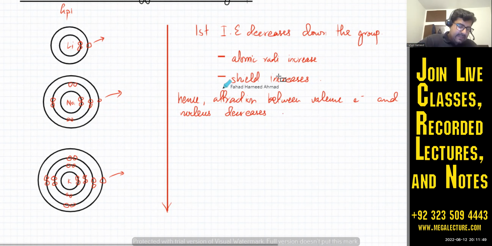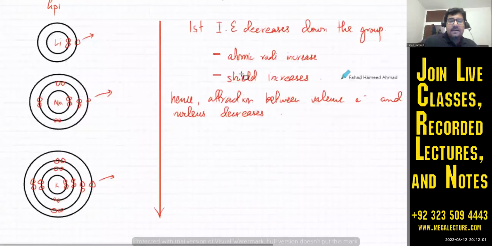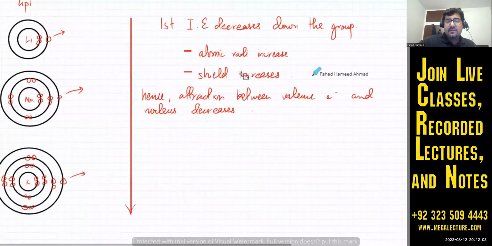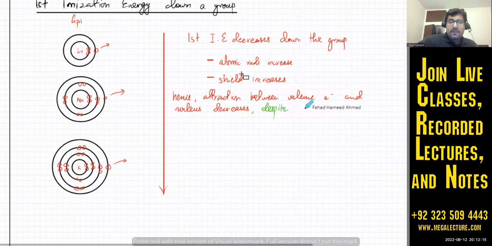You have to add that as well: the atomic radius is larger, the electron is further away, and there are too many shells coming in the way between the nucleus and the electrons, so the attraction decreases, and it's easier to remove electrons. So there's only one factor that goes against this, and you have to mention it in the answer: the attraction between valence electrons and the nucleus decreases despite the fact that protons are increasing, or nuclear charge is increasing.